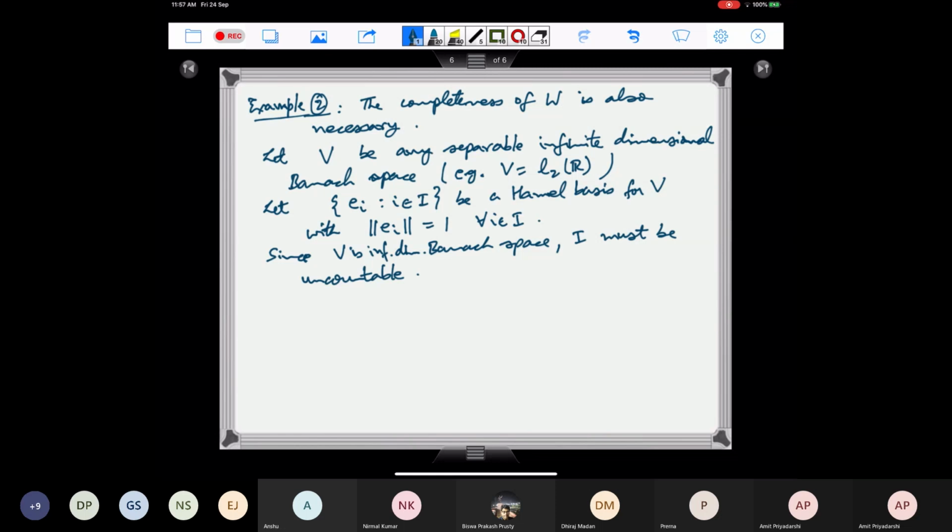So if we have any x in V, x is equal to the summation of alpha_i e_i, i belonging to I, where this alpha_i belongs to the scalar field R, and alpha_i is 0 for all but finitely many i's.